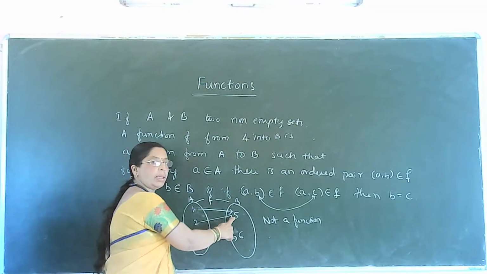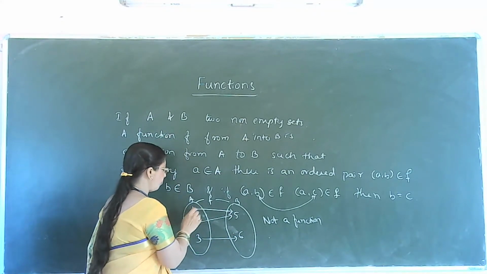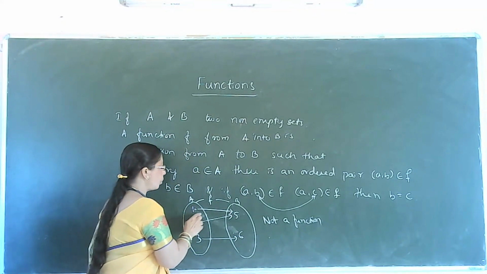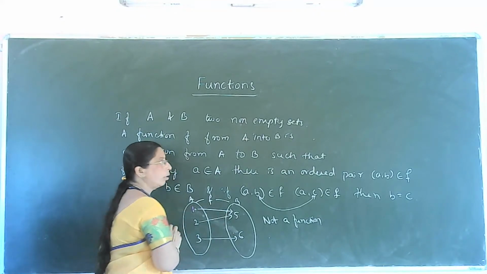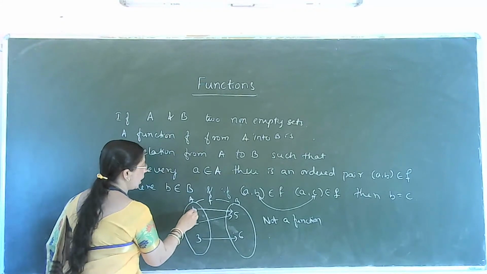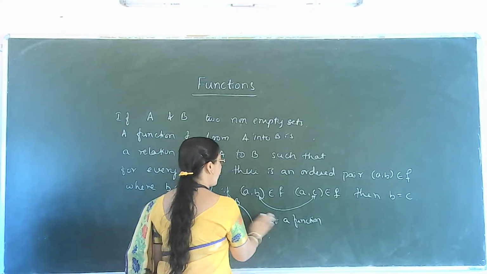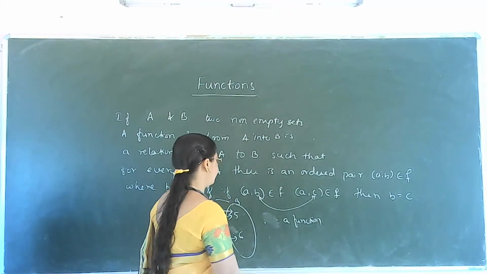Separate elements having the same image is okay, but every element of A should have only one image. Don't have one element with two images. But here it is a function.